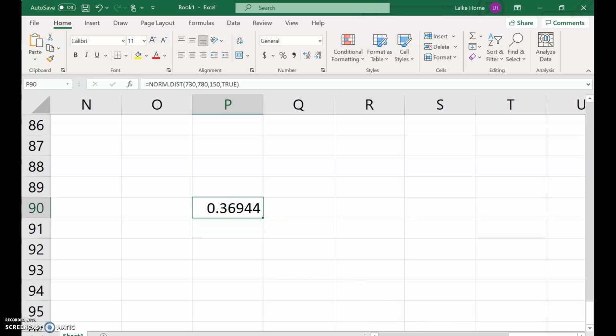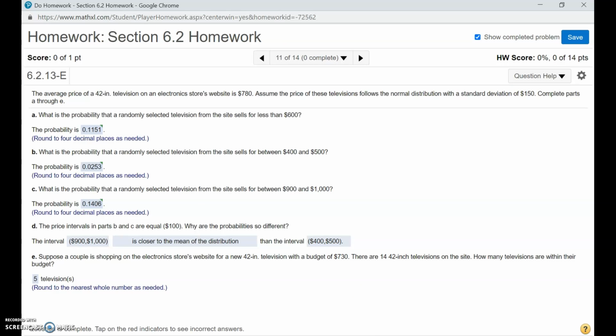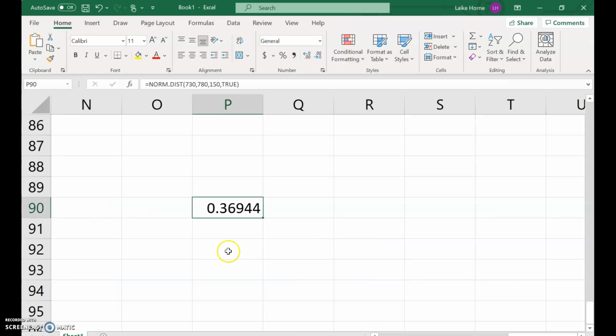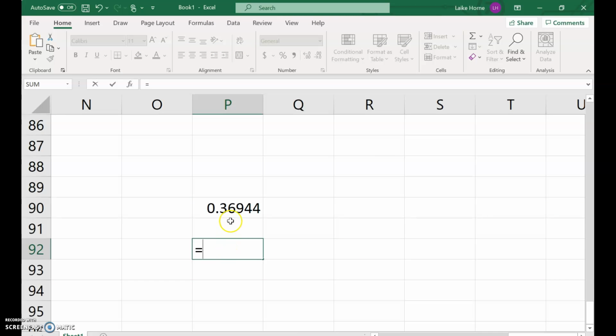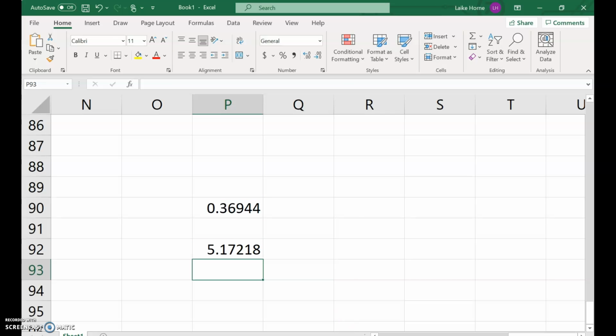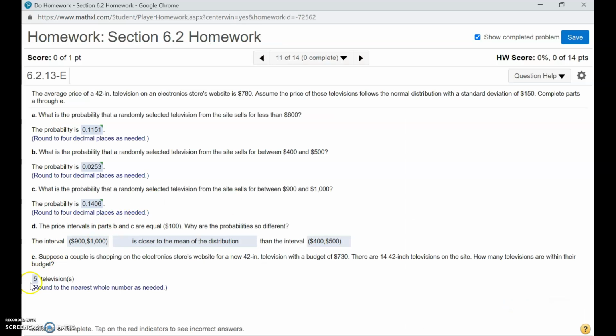So I get 0.36944, and that is 36% of the TVs within my budget. How many TVs are we looking at? 14. So we take 36% of 14, and you round down here. So there are 5 televisions within that range.